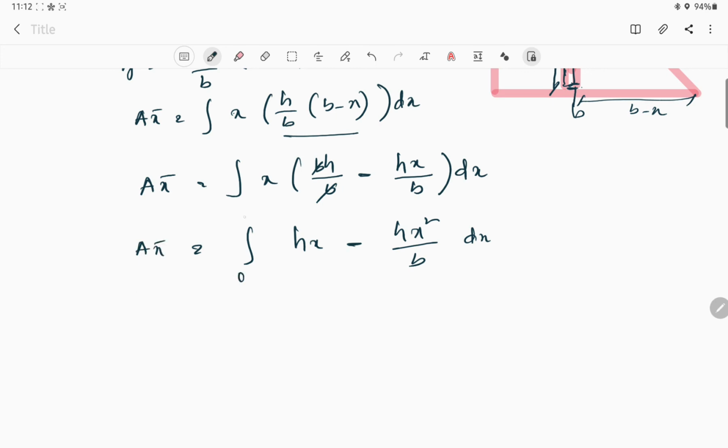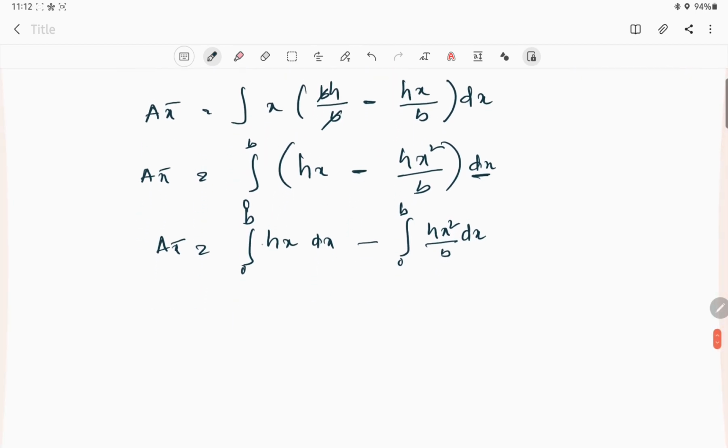Now integral 0 to b. Why am I taking b? Because here we have dx, isn't it? So integrate separately for all the variables, that is integral 0 to b hx dx minus integral 0 to b hx square by b into dx. So this is our A x bar.